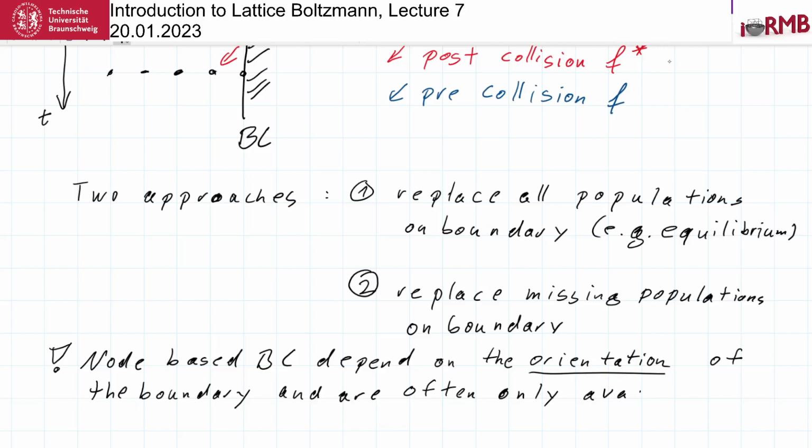So for example, your domain has a boundary on the left-hand side, but it will also have corners in the upper left and upper right corners and so on. And these boundaries are often not specified for corners. And now this is the simple case in 2 dimensions and flat surfaces. In reality, in 3 dimensions, we have curved surfaces, right?